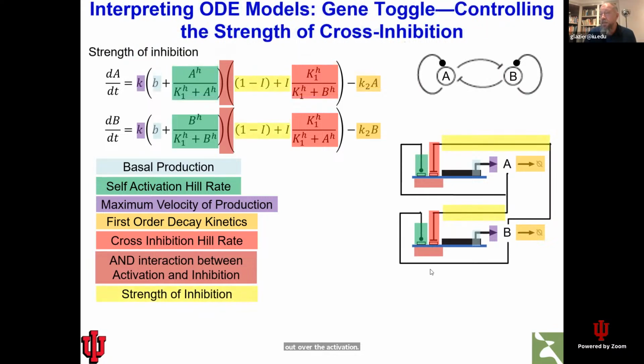And the last thing is that I have these yellow arrows, which regulate how strong the cross inhibition is. And that's the 1 minus I plus I here. And so each term in this ODE corresponds to a specific biological function, and you can tie it specifically to this kind of diagram.